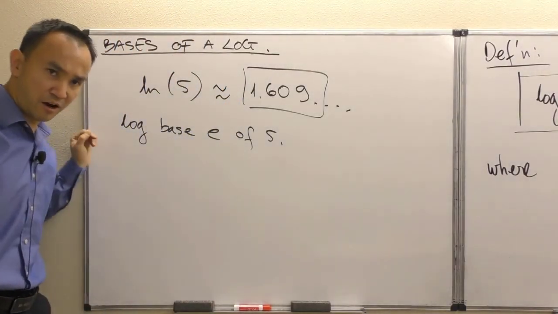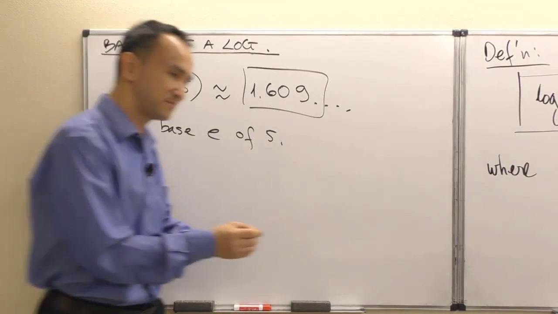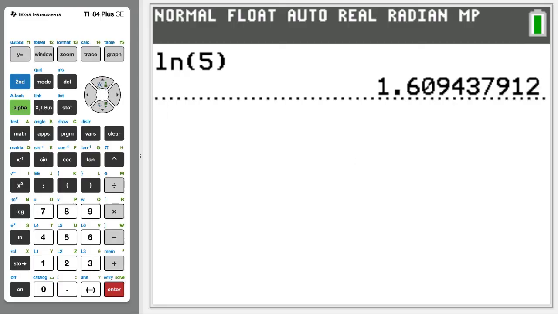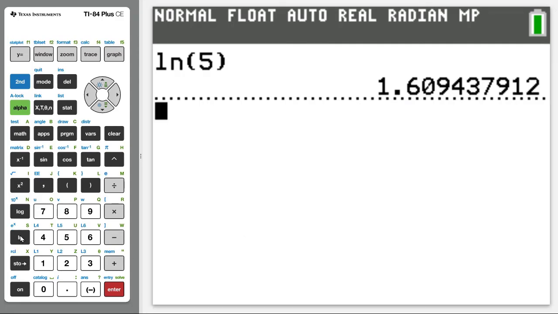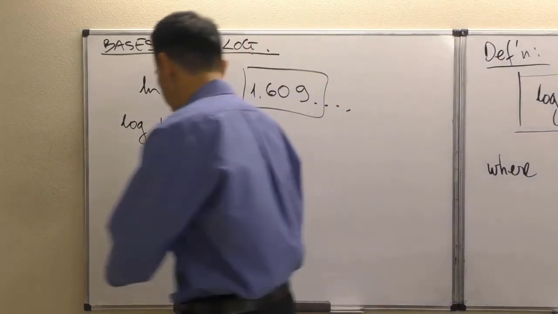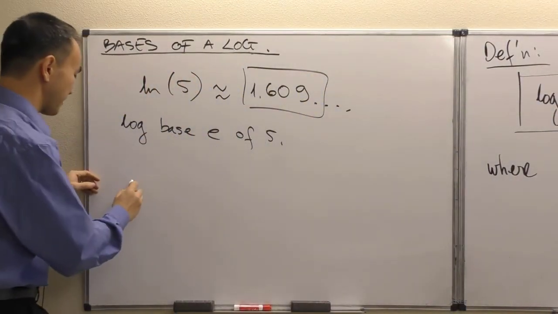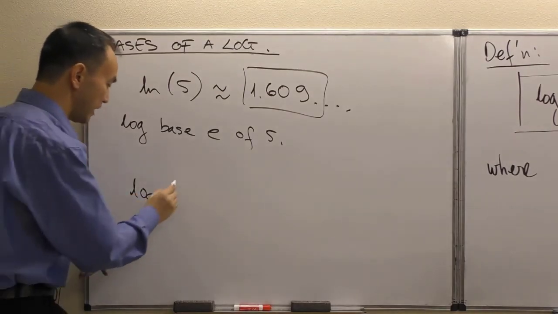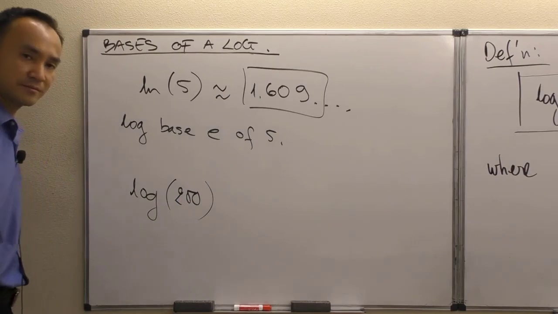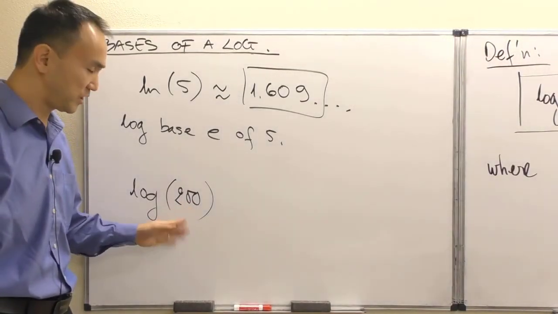On the screen structure that I showed earlier, you can see that aside from ln, we have another key that's labeled log. This is the symbol designated for log base 10. So this is log base e and this is log base 10. For example, if we run into a problem like log of 200, this is not a number where we can do the math mentally.